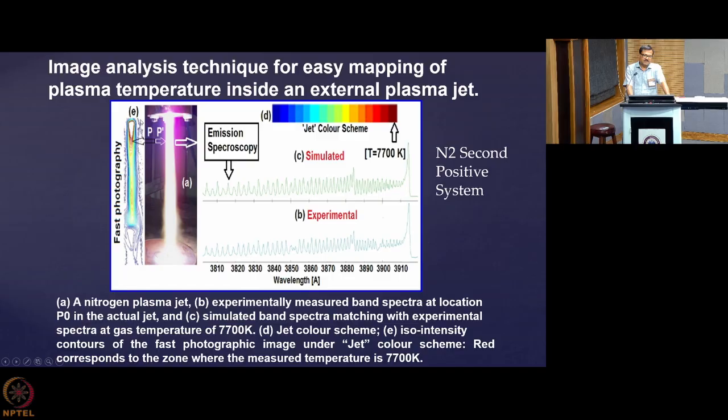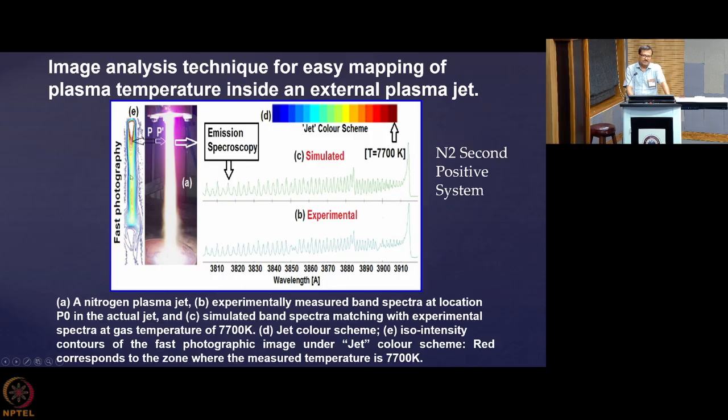Okay, so this contour is showing that along this contour you will have the same temperature, around 7700 degree Kelvin, and then as you go down, as you are seeing the green and even the blue is there, this is telling you the jet length and intensity along the axis.